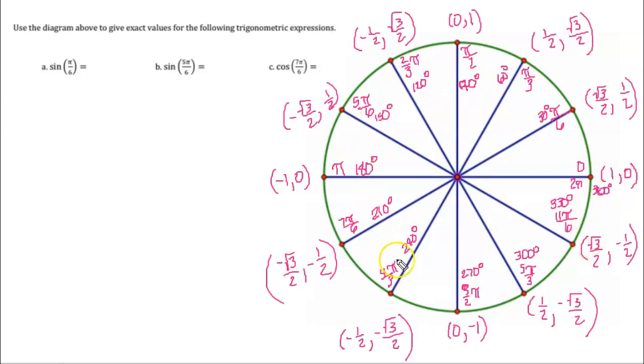So when you're filling out twelfths, things to remember: you're counting by 30s. You're not memorizing all of these numbers. There's no point to that. But you're memorizing that you're moving 30 degrees every time. And so I can count to figure out what another angle is.